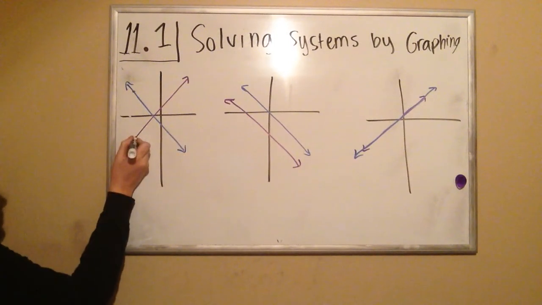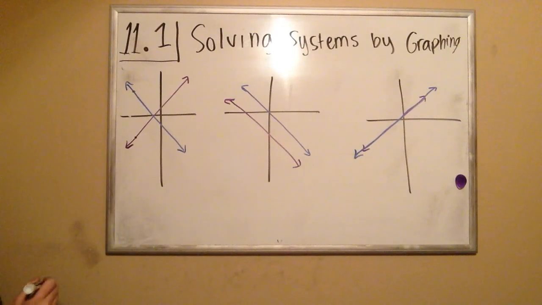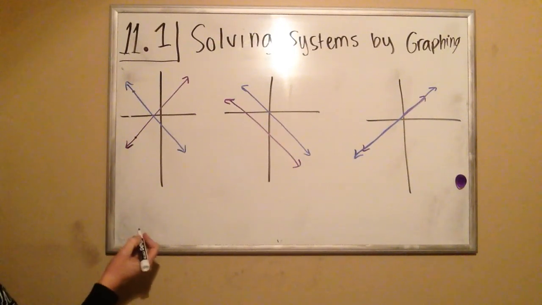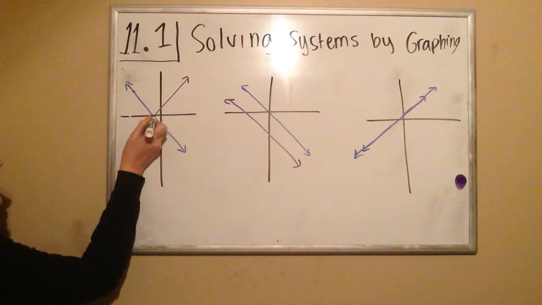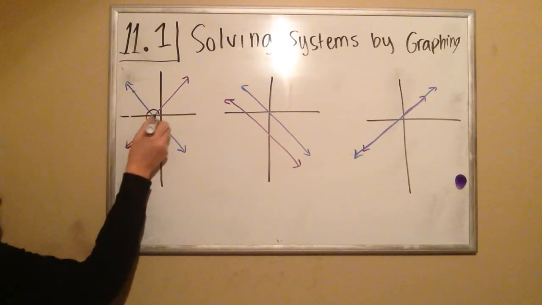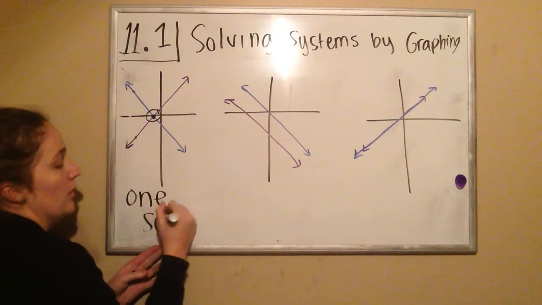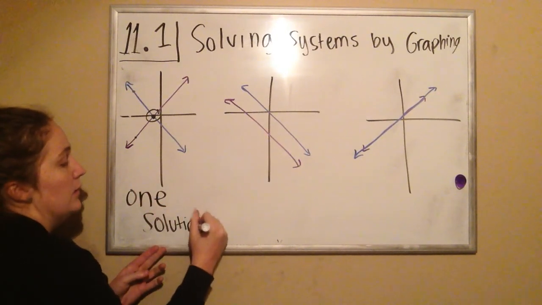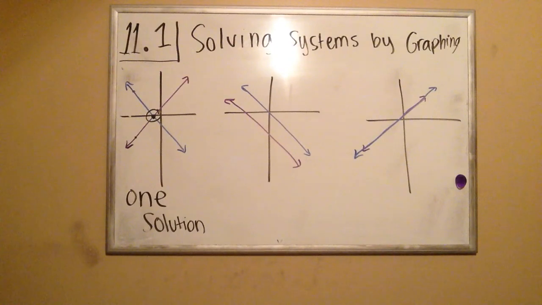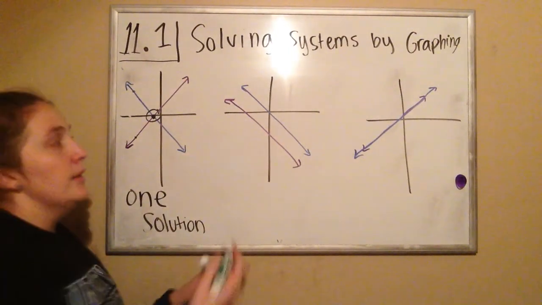So what about if we picked a point out here? That doesn't work because it has to be a solution of both of these. So we have to pick the point that they both share, which is that point right there. And so there is only one solution here, one point that these 2 linear equations share. One solution.